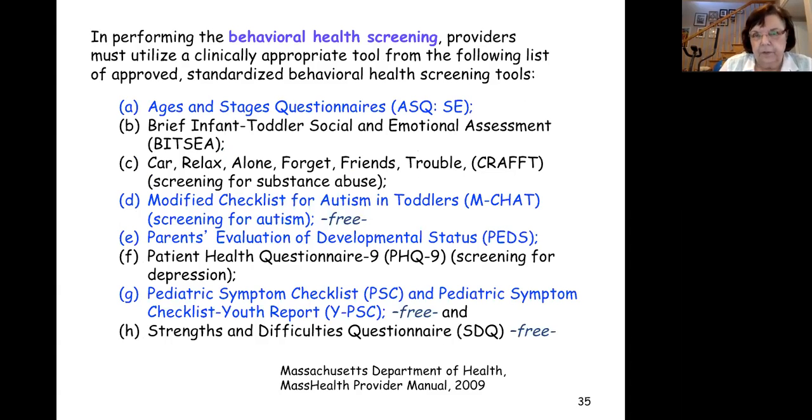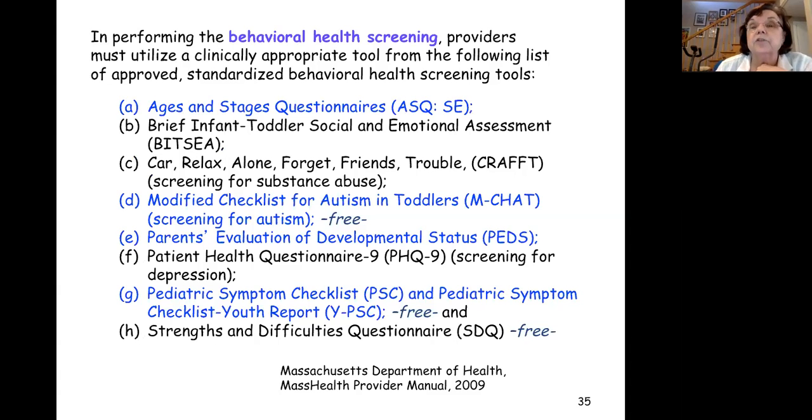So that is developmental screening, and behavioral screening is also a valuable measure. There are these instruments that are also generally accepted with good statistical feedback on them.